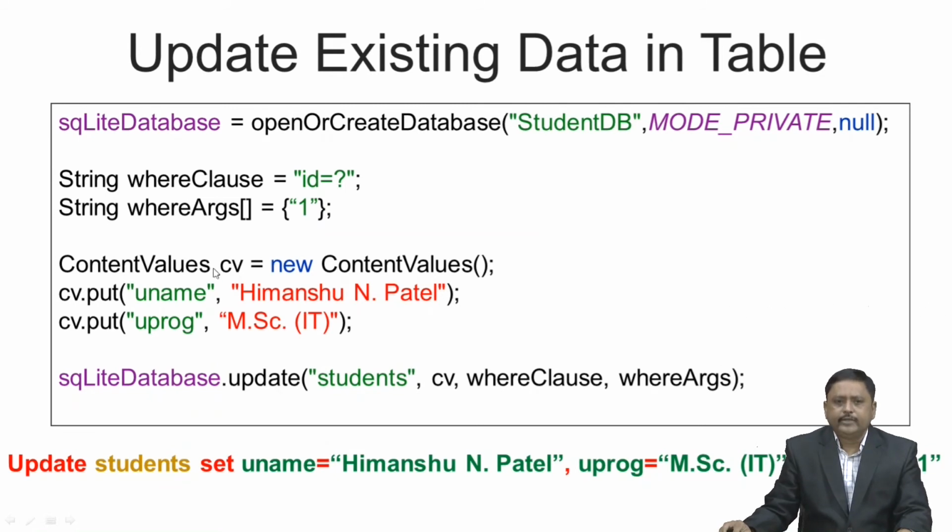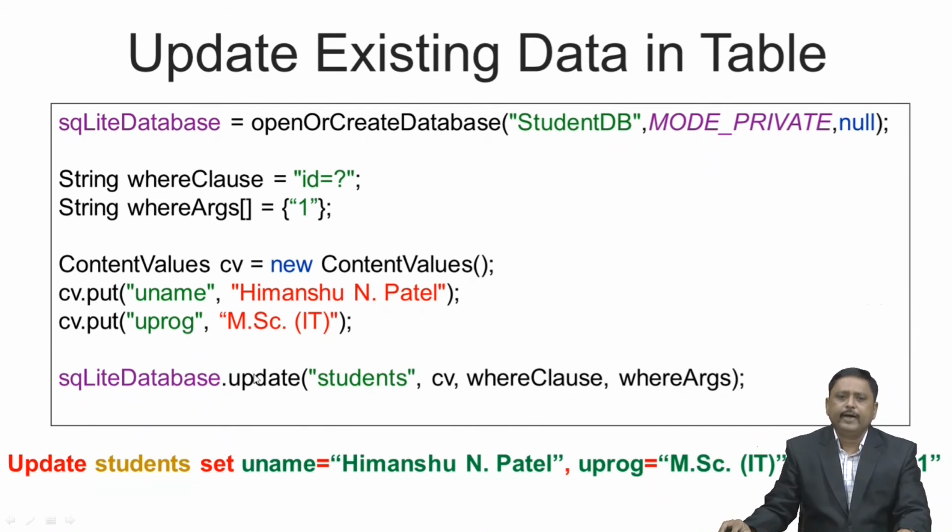Next we specify the content values and provide a new value to the field. So inside username, I want to replace the value with full name, and I also want to update the program from MCA to MSCIT. So in the second we specify username.